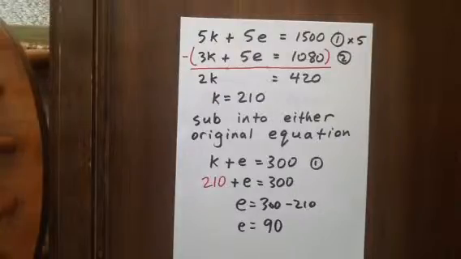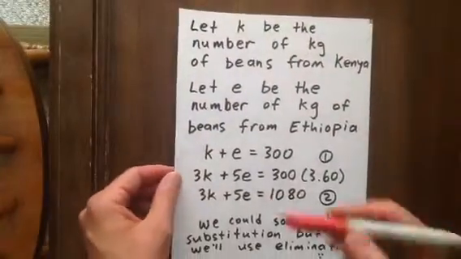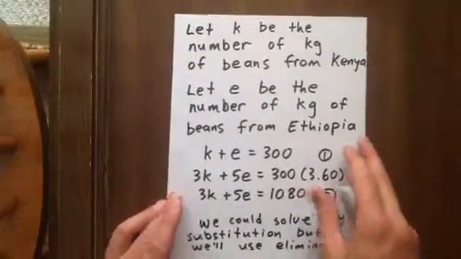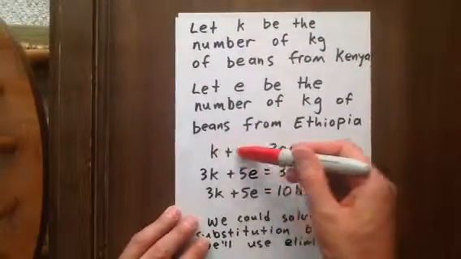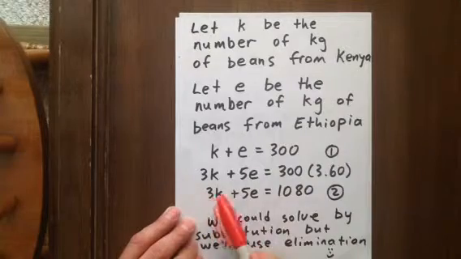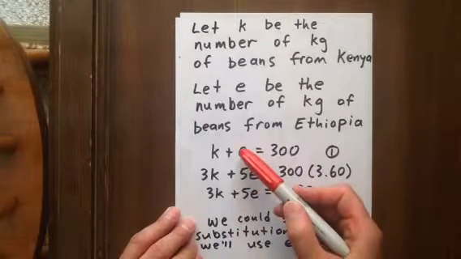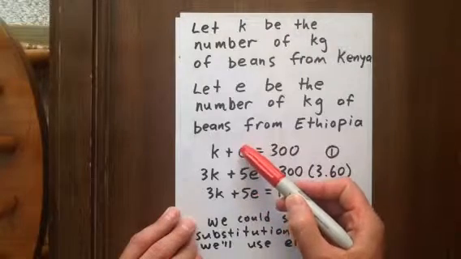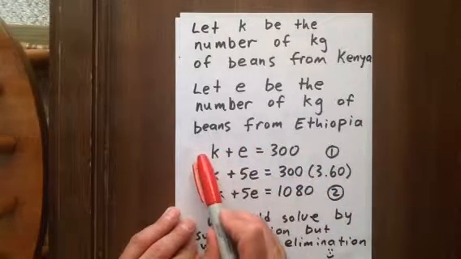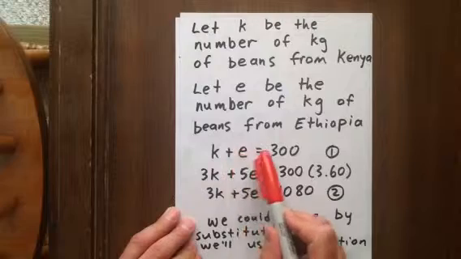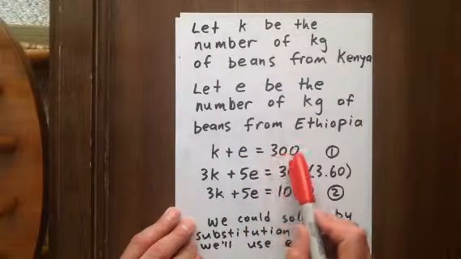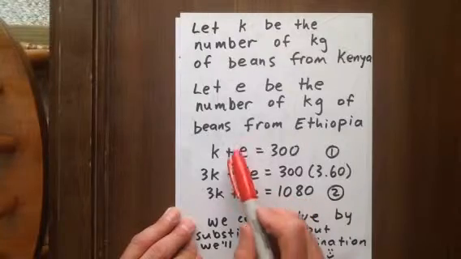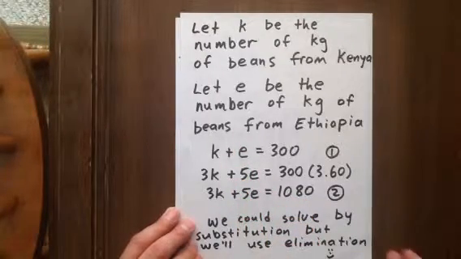So what we're going to do is multiply every term in this first equation by 5, and we're going to leave this second equation alone, and that's going to put us in a position to eliminate the e's. If I say 5k plus 5e equals 5 times 300, and then 3k plus 5e equals 1080, I'll have the same coefficient in front of each of the e's.